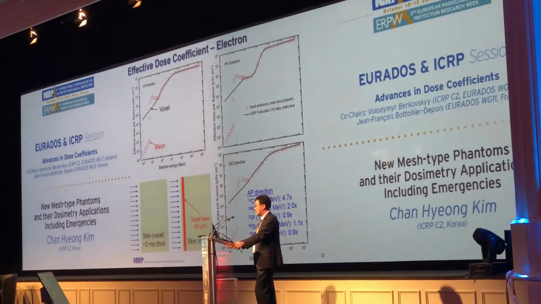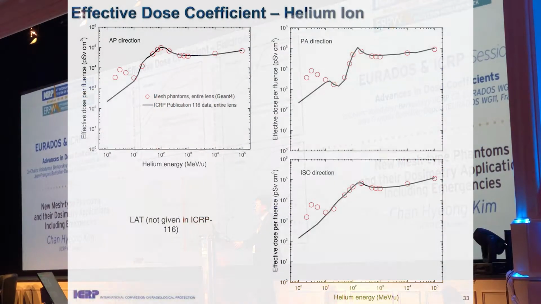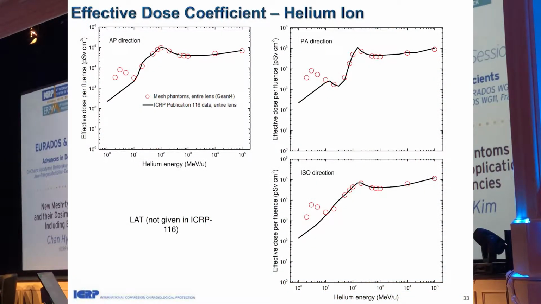So I can say the difference is less than 2 times. But for P-32 and strontium-90, the difference is even less than 10%. So the current voxel phantom actually provides correct values. This is for effective dose for helium ions, and we can see a similar trend, but now the difference is much smaller.